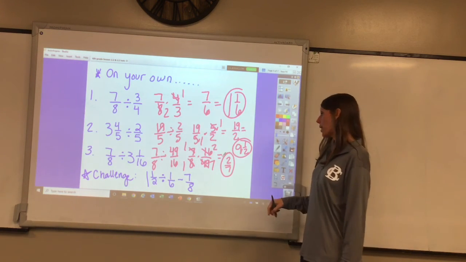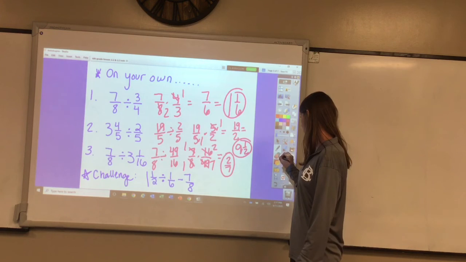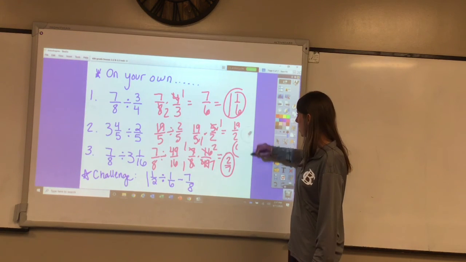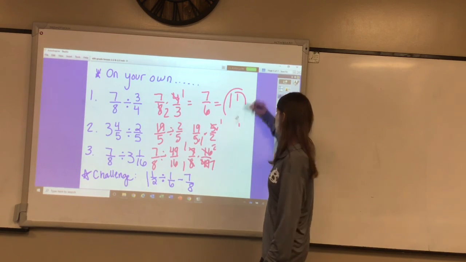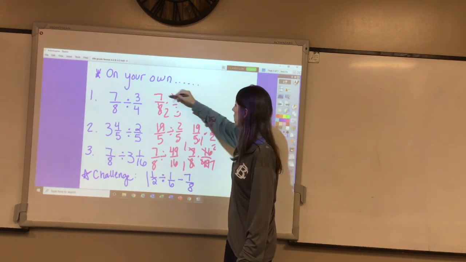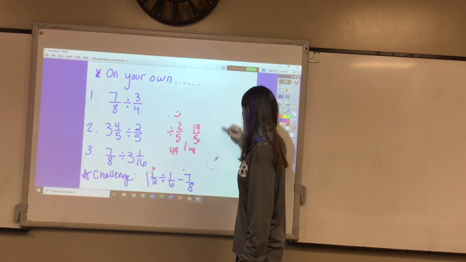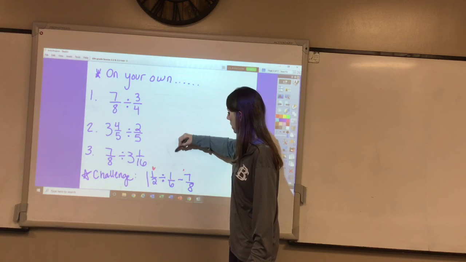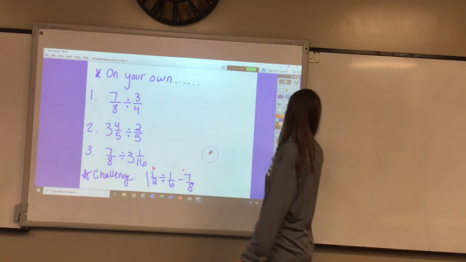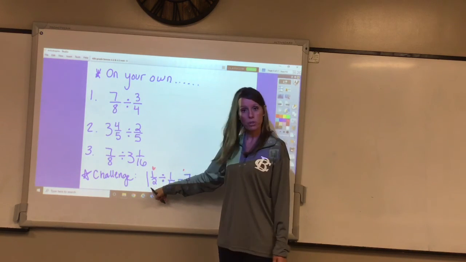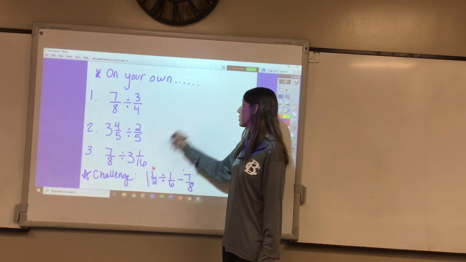All right, and the last one at the bottom is the PEMDAS problem. So I'm going to erase so I have some room to work it. Okay, so here we go. First thing I'm going to do is make it improper. So 1 times 2 is 2, plus 1 is 3.